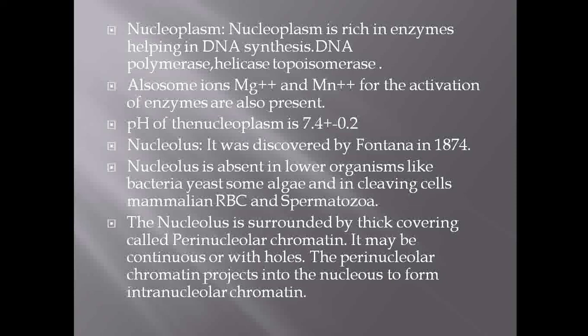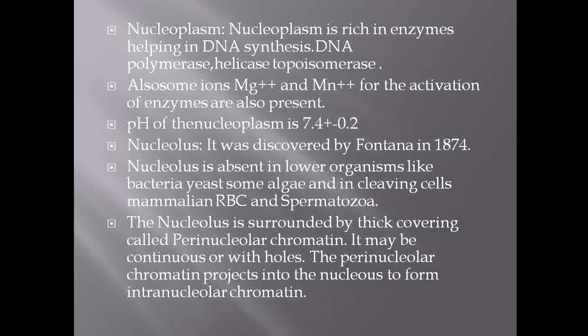Then the ions are also there along with the enzymes. Some ions like magnesium and manganese, for the activation of the enzymes, are also present. So we know some ions are very much required for the activation of the enzymes, right?